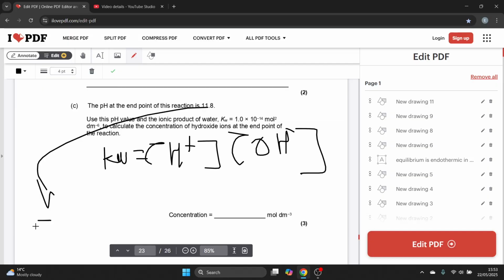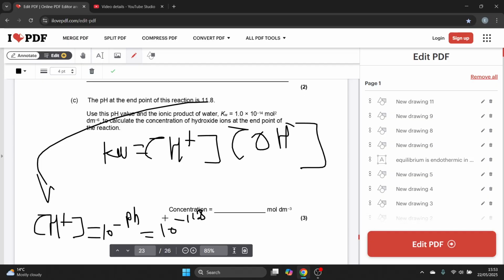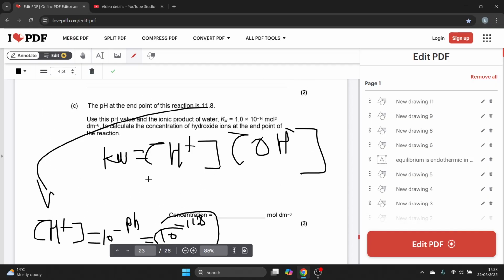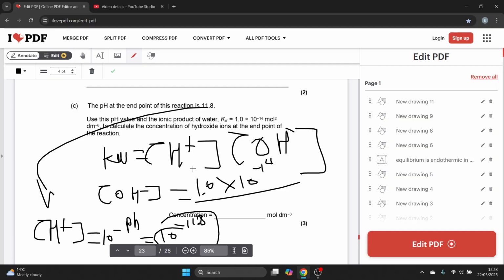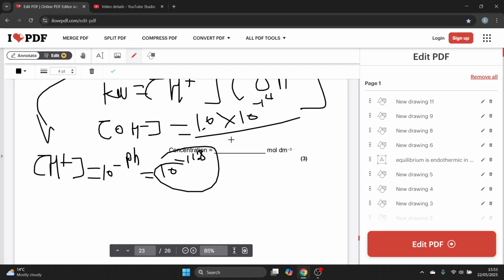It gives me the pH, so H plus equals 10 to the power minus pH, which equals 10 to the power minus 11.8. And then I'm going to find the hydroxide ions, so the concentration of hydroxide ions equals Kw over that answer. Which will give you 6.33 times 10 to the power minus 3. That is a nice 3 marks. Very nice, 3 marks.